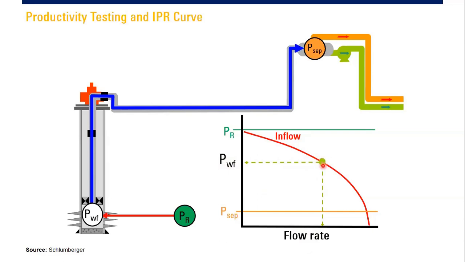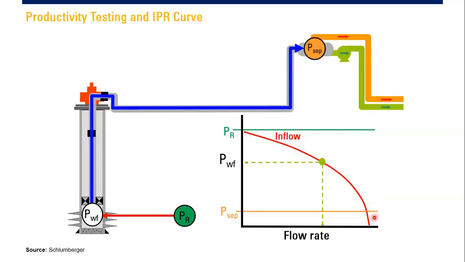Okay, so by using this one data and applying the previous empirical equation, you can construct this inflow performance that describes the performance of your reservoir. Okay, so this is very, very important. This describes the health of your reservoir.